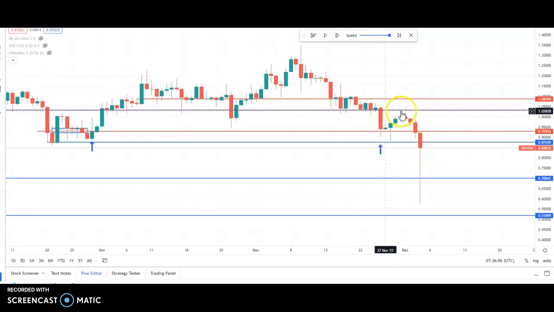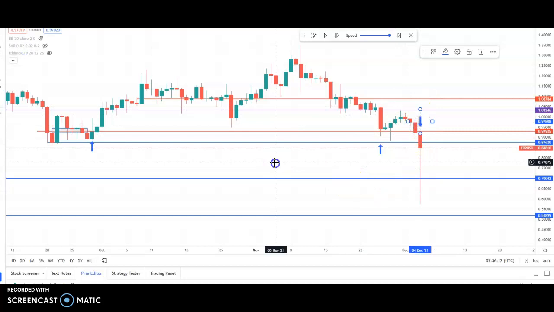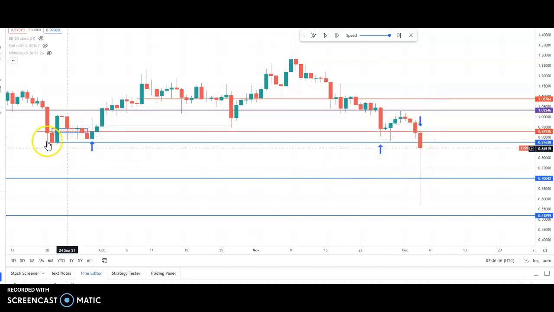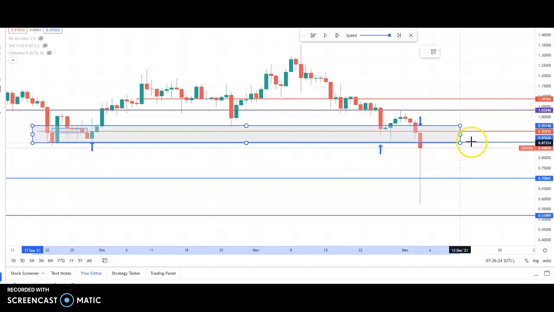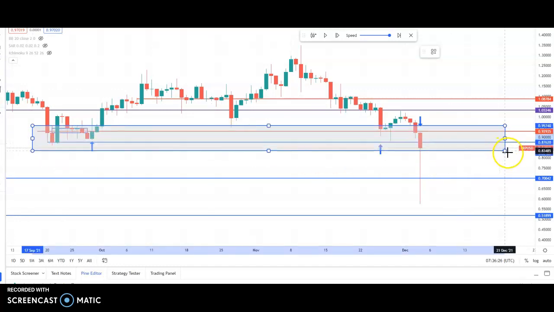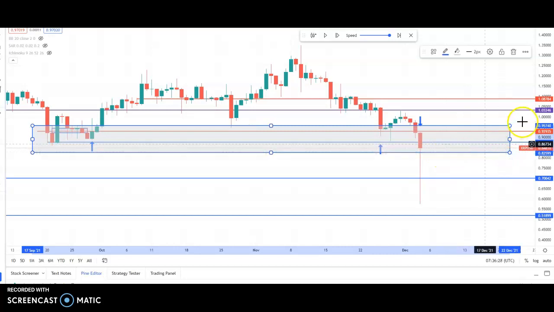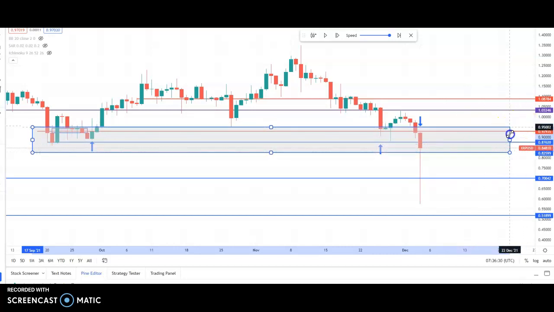And then what do we see here? Price is breaking these order blocks. So this whole area is going to act as a potential resistance in the future.